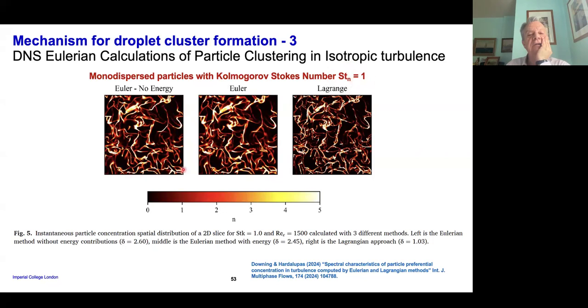And we had to develop a new method, an Eulerian approach, which can capture clusters. The particles are treated as a continuum, and you solve for the particles in an Eulerian space. This is the method in the middle that we developed, where effectively we introduced an additional energy equation, which allows the particles to cross trajectories.